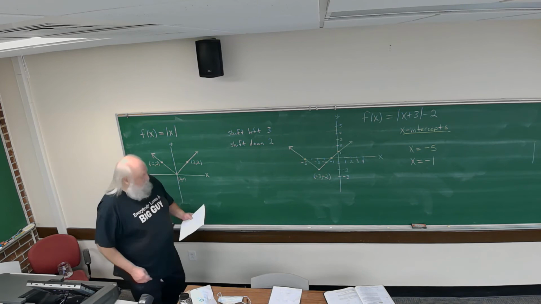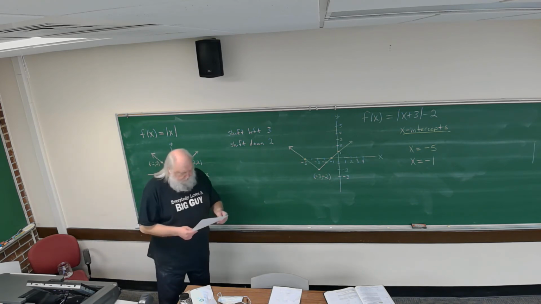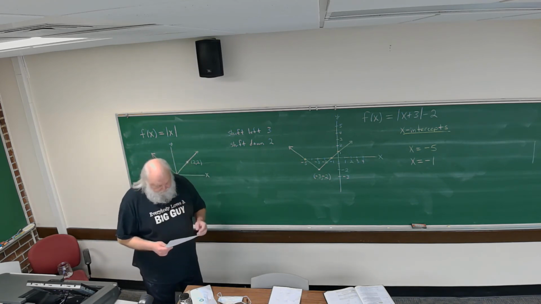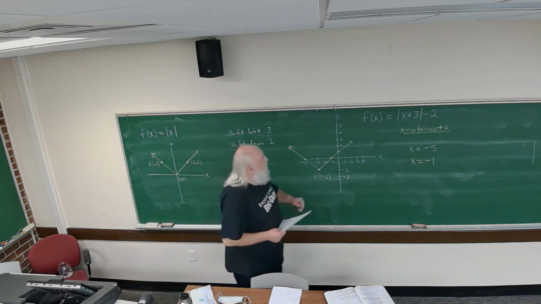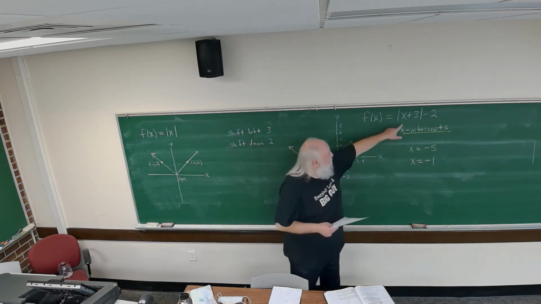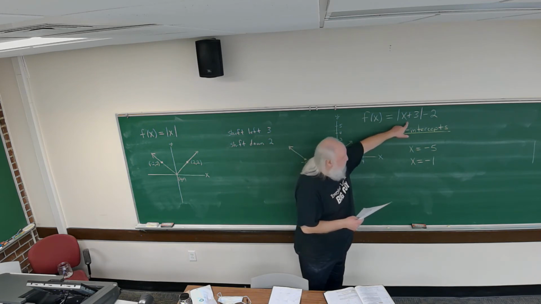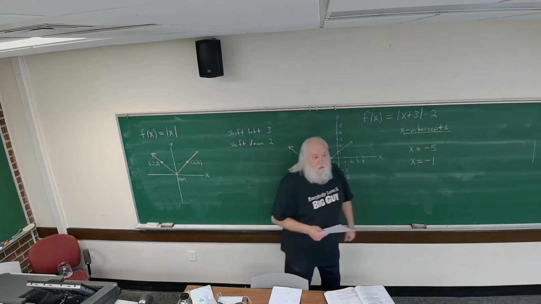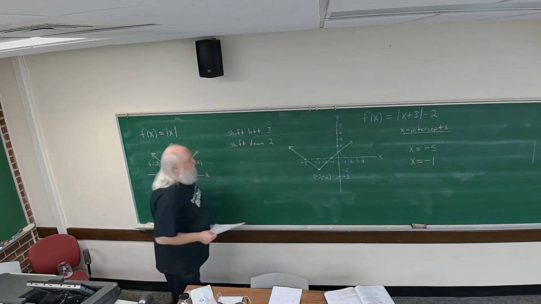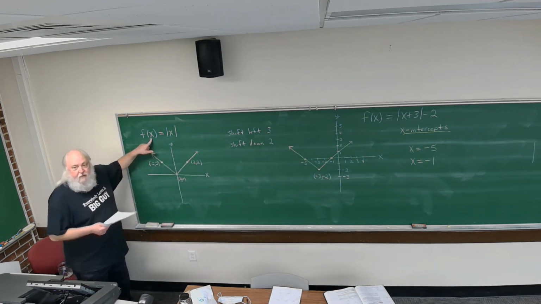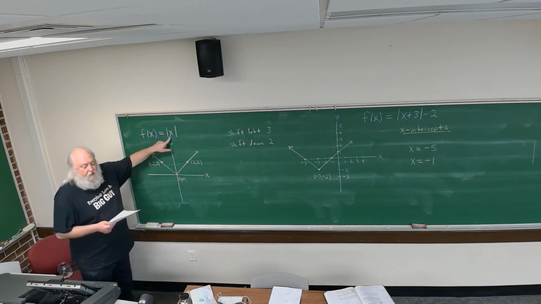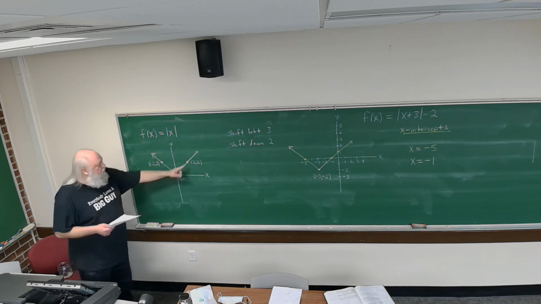All right, so in example 3, page 2 of your notes, part A, we are going to graph the function f of x equals the absolute value of x plus 3 minus 2. And you might recognize that that is just a transformation on the graph of the absolute value function. F of x equals absolute value of x, right? We just did that one.